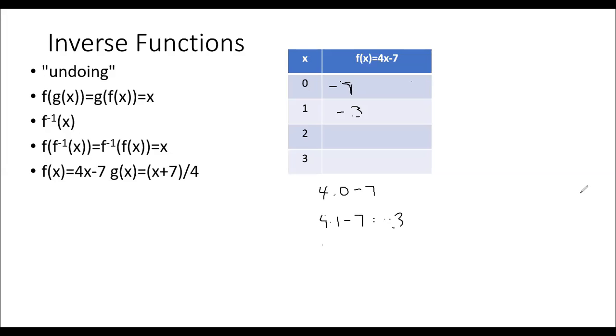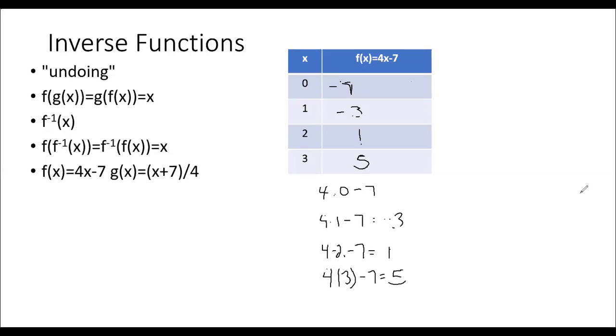We plug 2 in. 4 times 2 is 8, minus 7 is 1. We plug 3 in. We have 4 times 3 minus 7 is 12 minus 7, which is 5.